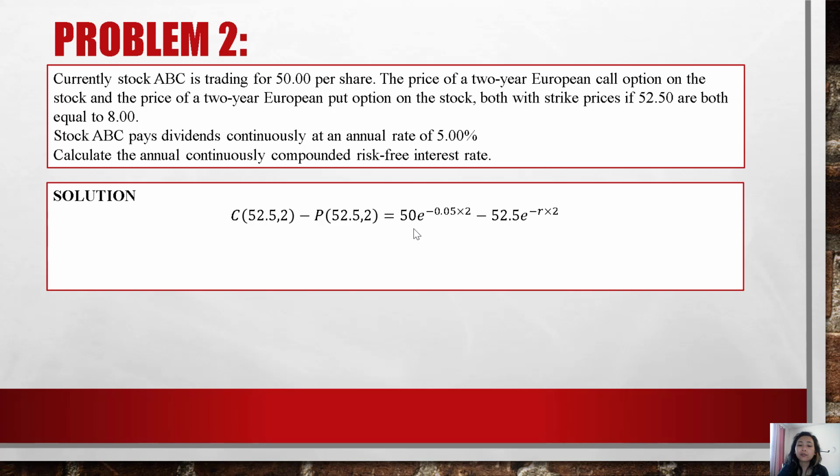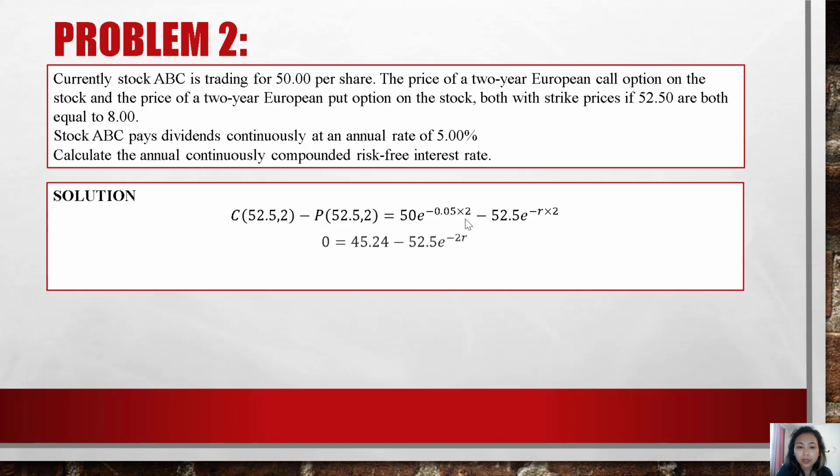Here 50 e^(-0.05·2) represents the current stock price and also the present value of the dividends. And 52.5 e^(-2r) represents the present value of the strike.